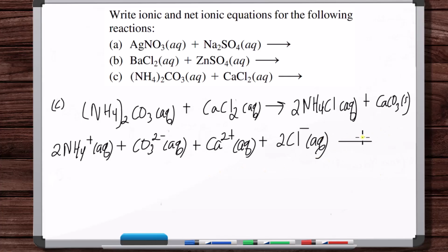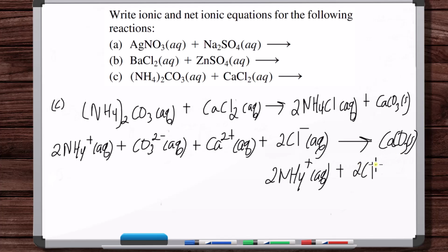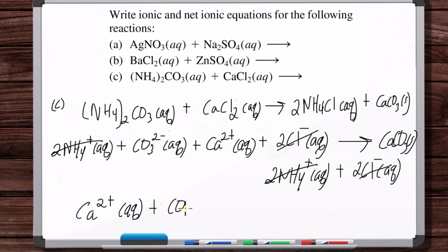Okay, then you've got calcium carbonate solid and 2 NH4 plus and 2 Cl minus. Okay, there's the ionic equation. Now let's cancel the spectator ions, and we're left with the net ionic equation. Okay.